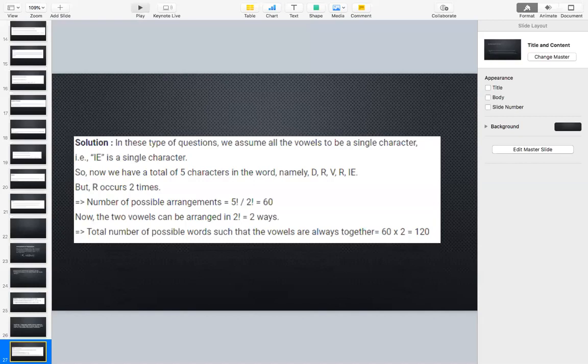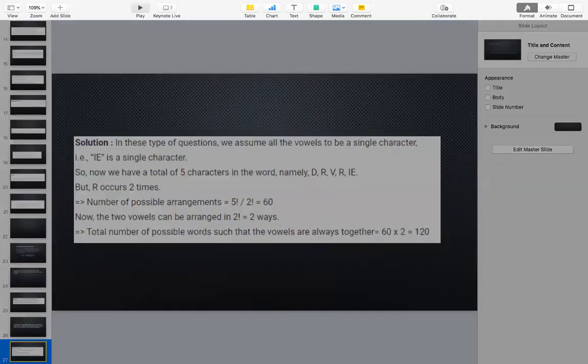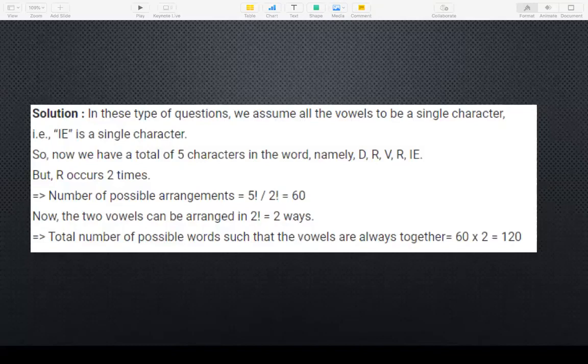That is IE. It does not mean that for the entire question we will assume IE as a single character. During the start of the question, simply assume that I and E have been tied with a rope.